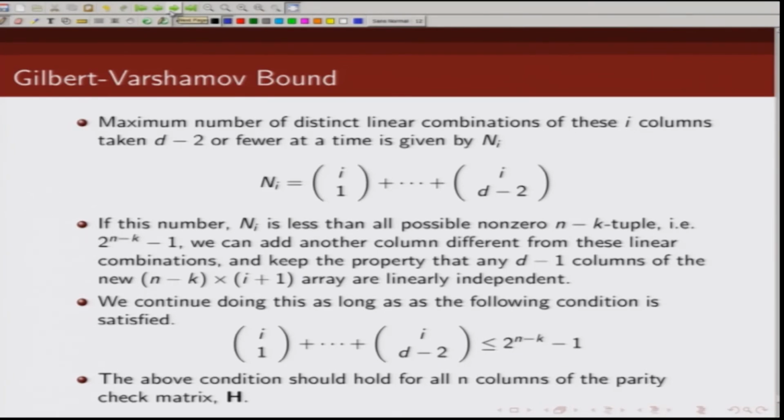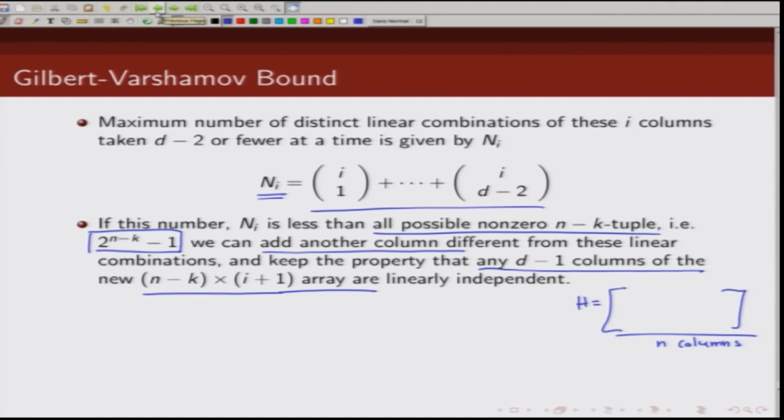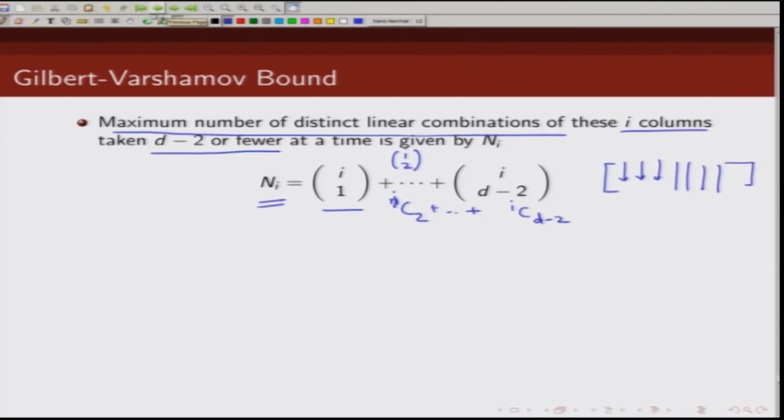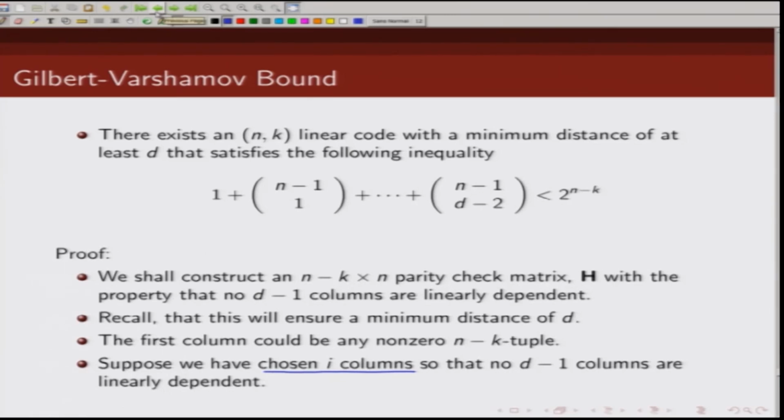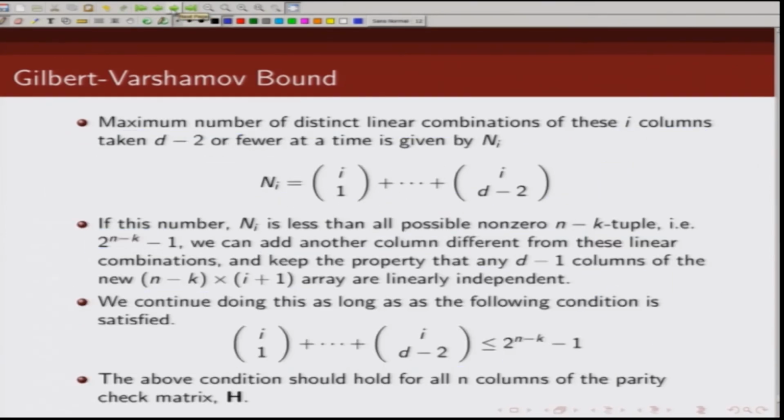Hence, this condition should be satisfied for all the n columns, and that essentially proves our result. If you go back here, if I put i equal to n minus 1, this should hold for i equal to 1, 2, 3, 4 up to n minus 1. This condition should hold for n minus 1.